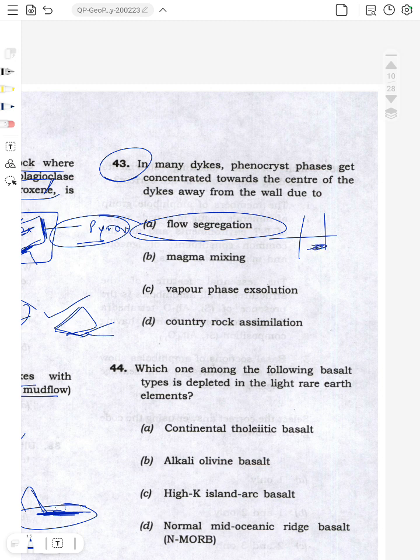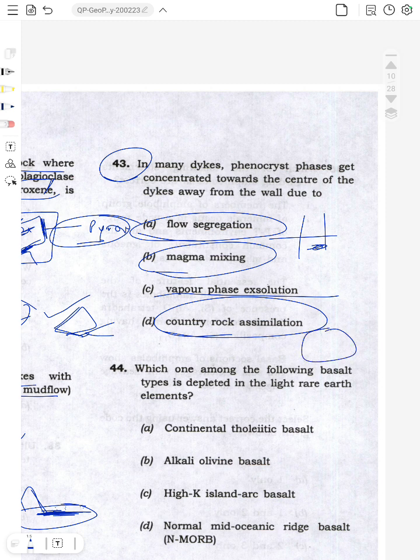Magma flows through the dike; flow near the walls is slower due to frictional resistance with the surrounding rock, and in the central part the velocity is higher and there is lower friction. Magma mixing is a mixing of two magmas of different composition, that is hybrid magma, and it creates a disequilibrium texture. Vapor phase exhalation happens when volatile components escape from the magma as it cools and pressure drops. Country rock assimilation is a process when magma melts and incorporates pieces of the surrounding rock.